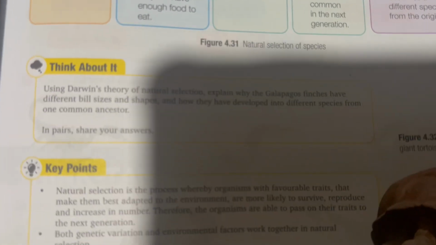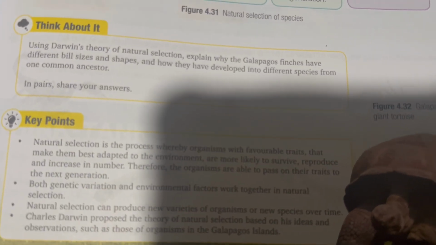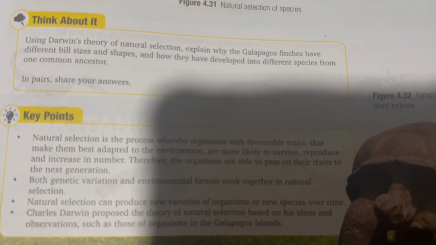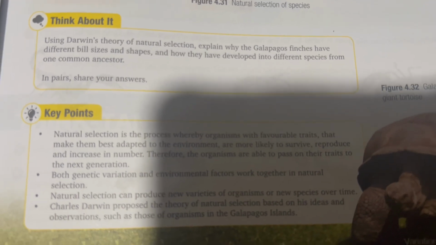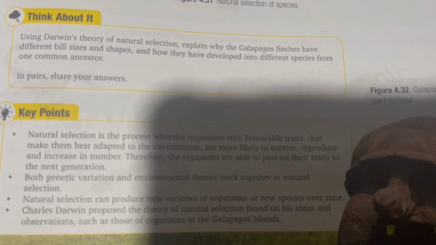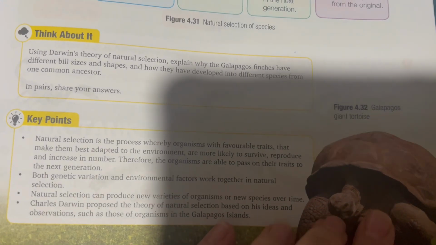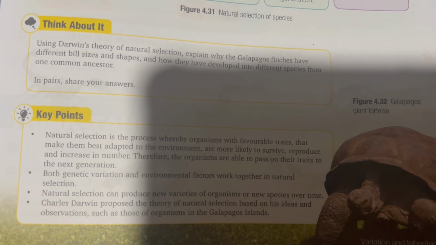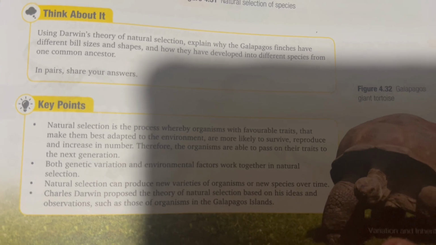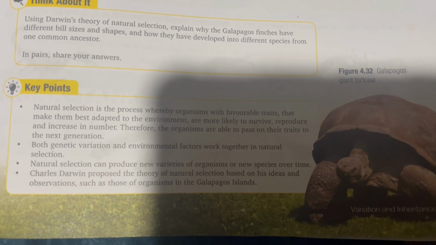So whatever traits the organisms gain from being naturally selected, which means surviving if they have good traits for their environment and not surviving if they don't, they use these traits to survive, and they pass them on to the next generation.